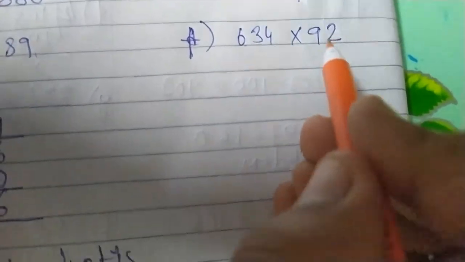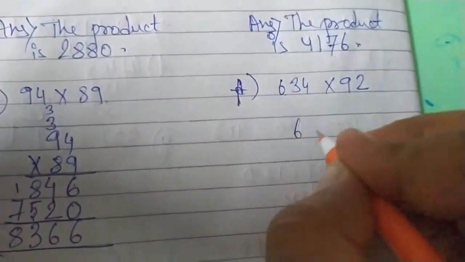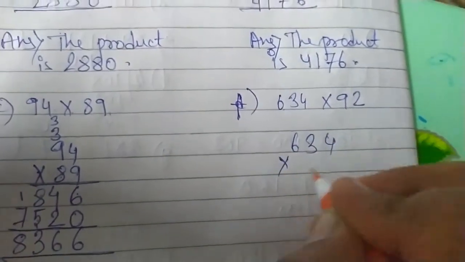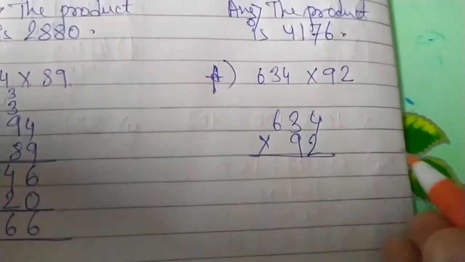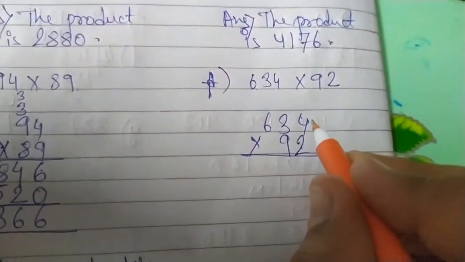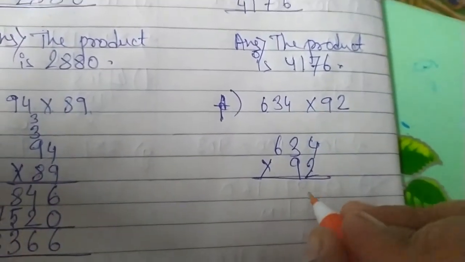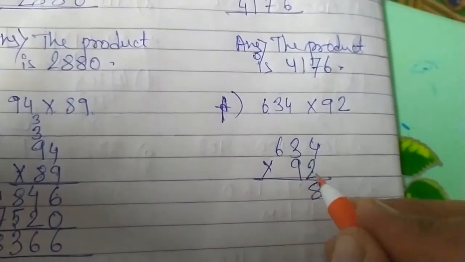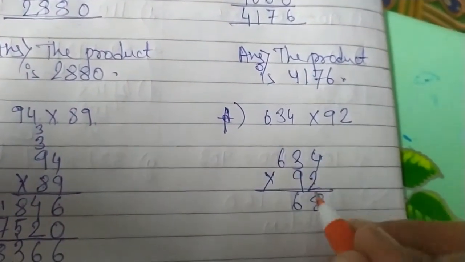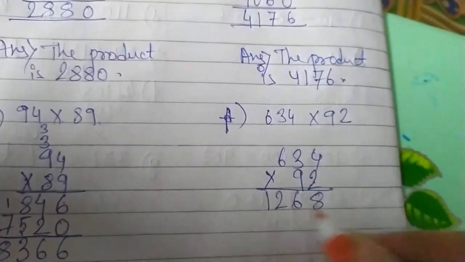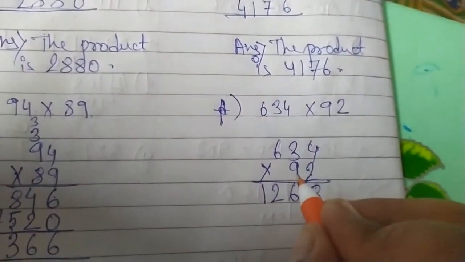634 into 92. Let us first write in the proper order for doing the multiplication. Now start from the ones please. 4 2s are 8. 3 2s are 6. 6 2s are 12. Done. Now comes the tens place.